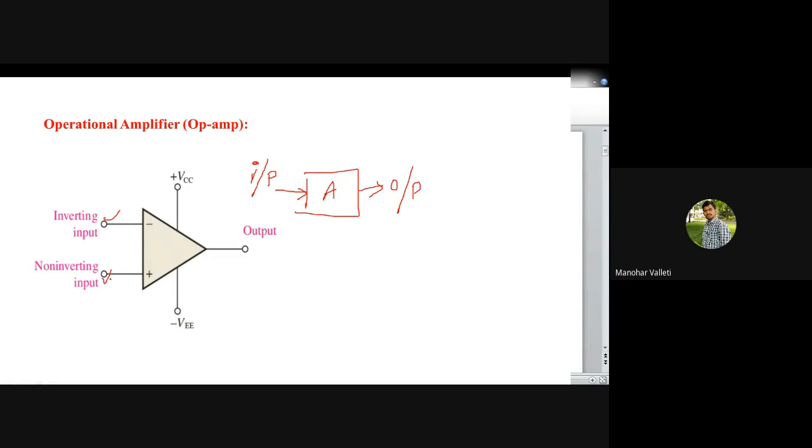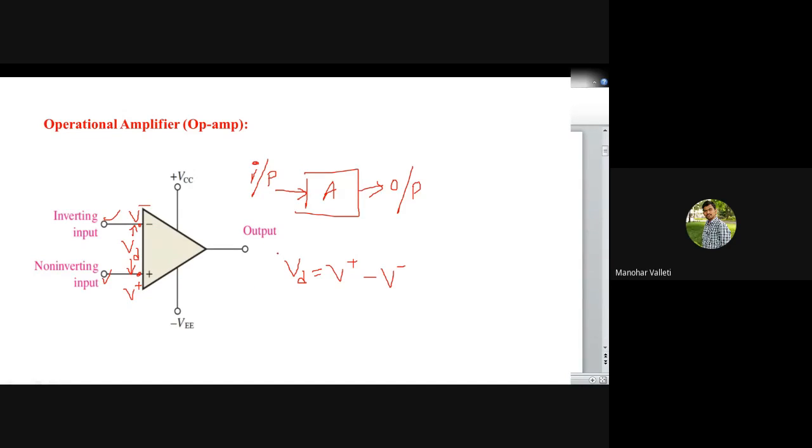And if you subtract those two inputs, the difference between these two inputs is applied as the effective input to the amplifier. Let us say the difference is Vd, then Vd equals V plus minus V minus, where V plus is the effective voltage appearing at the non-inverting input, whereas V minus is the effective voltage appearing at the inverting input of the operational amplifier.